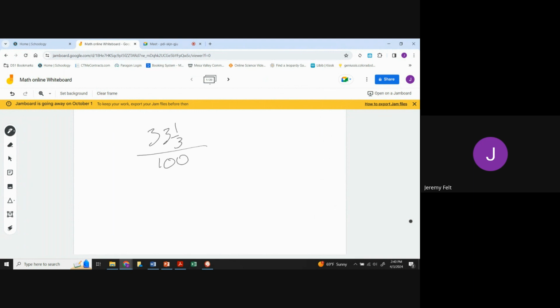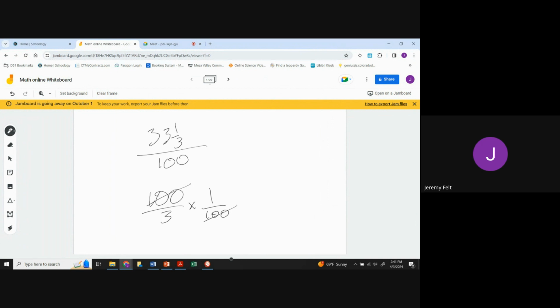So we do 33 times 3 plus 1, so 33 times 3 is 99 plus 1 is 100. So this top portion we can rewrite as 100 over 3. And then dividing by 100 is the same as multiplying by 1 over 100. Just like dividing by 2 and multiplying by 1/2 is the same thing. So when we break it apart like this, it just makes it visually a little bit easier, because then we see 100 and 100 would cancel out.